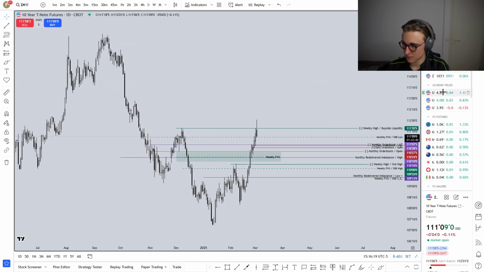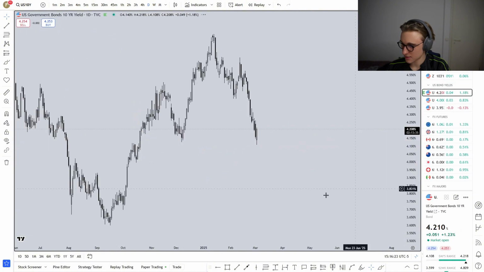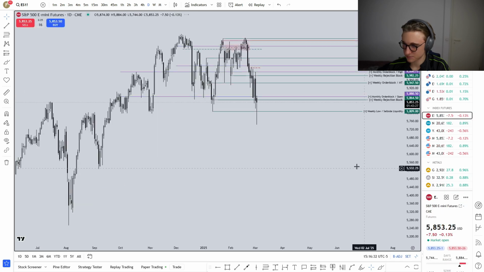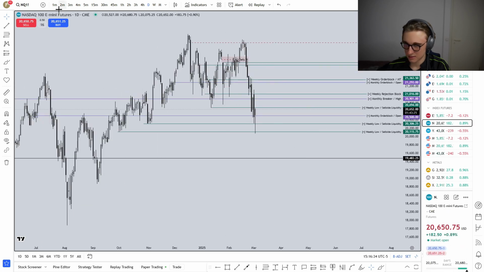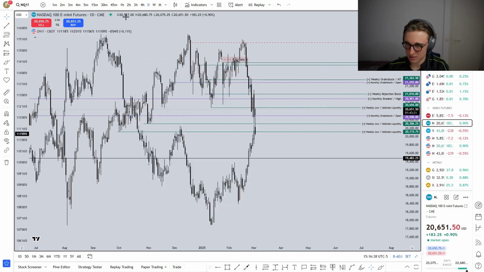If interest rates are bearish, then we should see higher prices on the equities. So T-note futures should be trading in sync with the equities market.